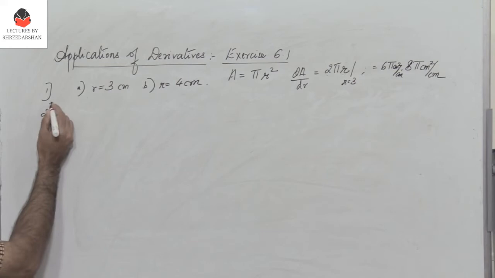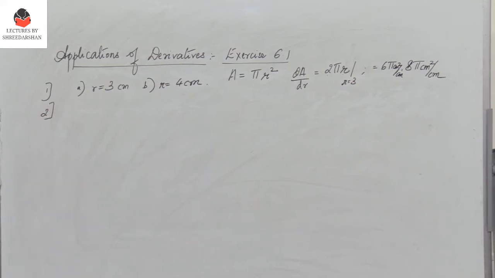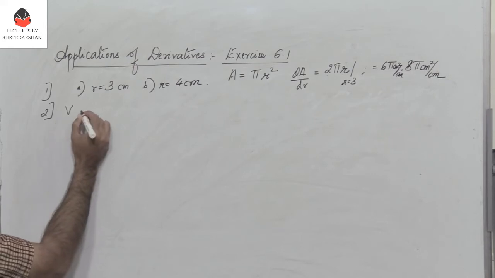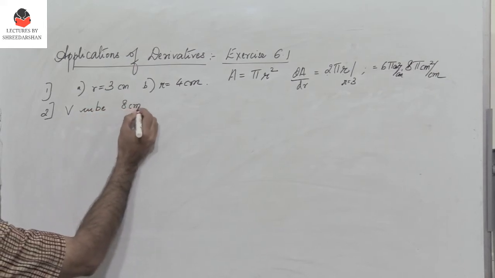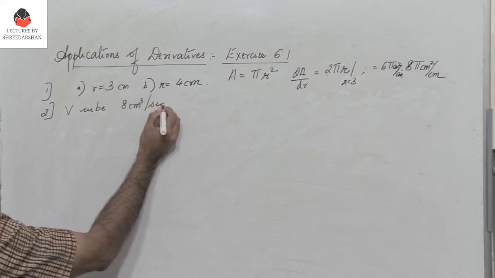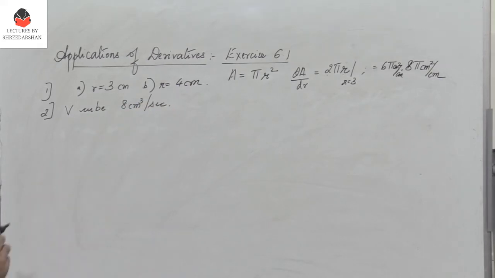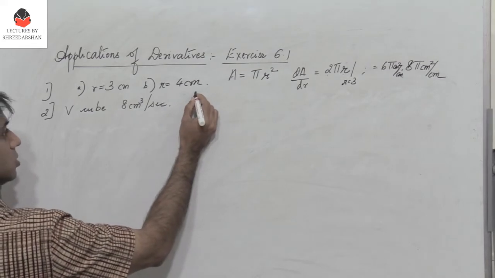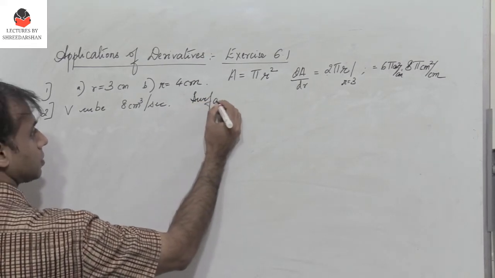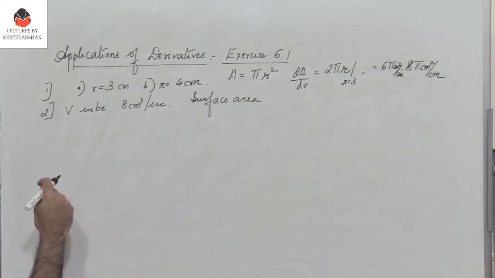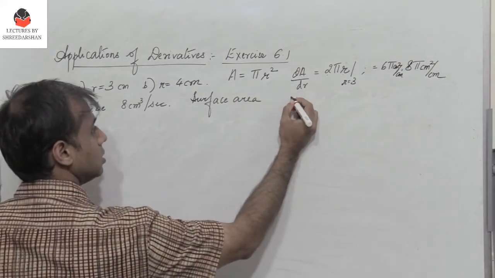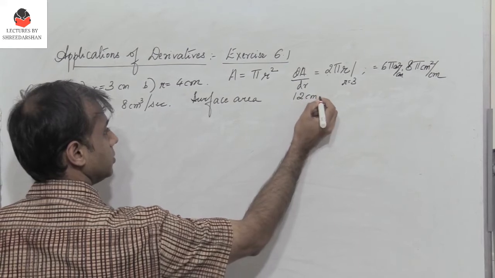So let's move on with the second one, where the volume of the cube is increasing at the rate of 8 centimeter cube per second. Now how fast is the surface area increasing when the length of the edge is 12 centimeters?